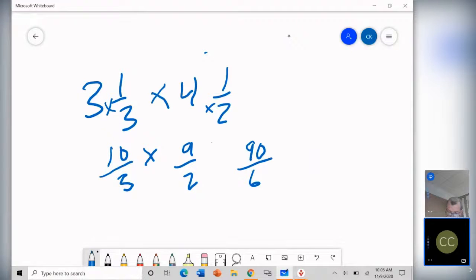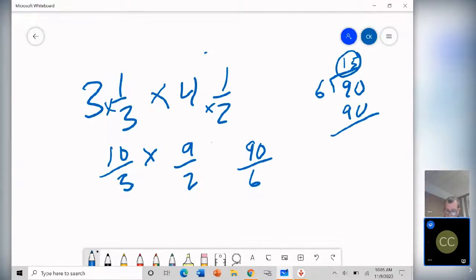So when you do that, you have to divide the bottom number, the denominator, into the numerator. So 6 goes into 90. This one's pretty basic. It's 15 times, and 15 times 6 is 90. So this one, you're going to have a whole number. It's just going to be 15.